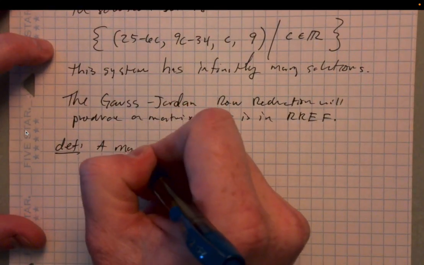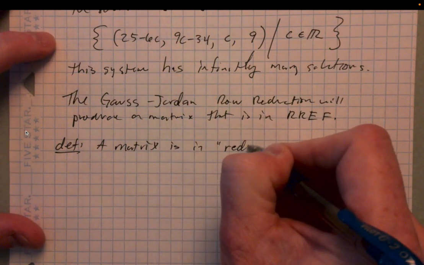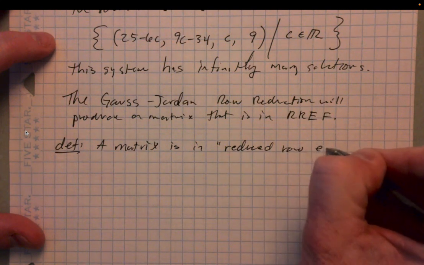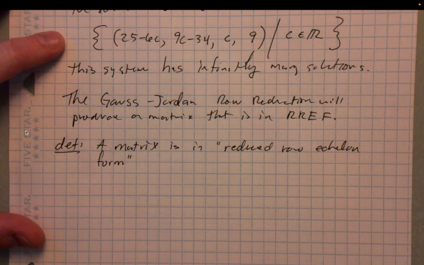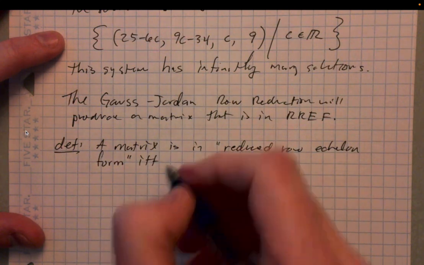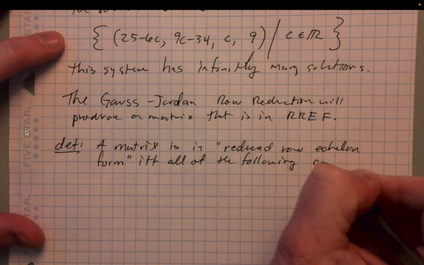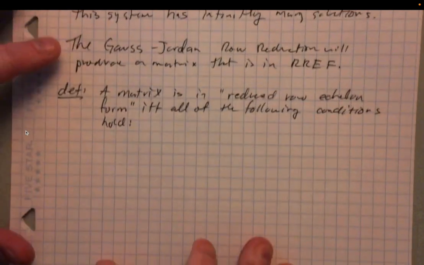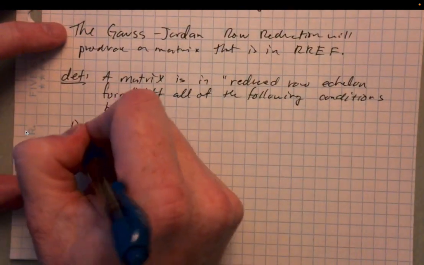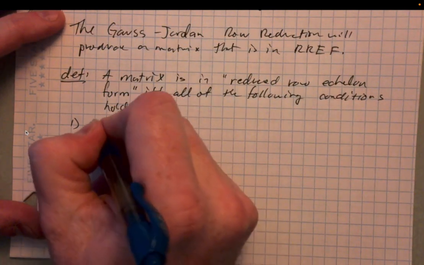A matrix is in reduced row echelon form if and only if all of the following conditions hold. There'll be 4 conditions that need to be met. First of all, the first non-zero entry in each row is 1.